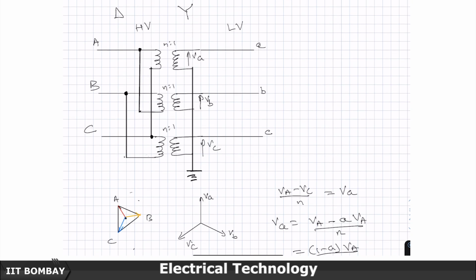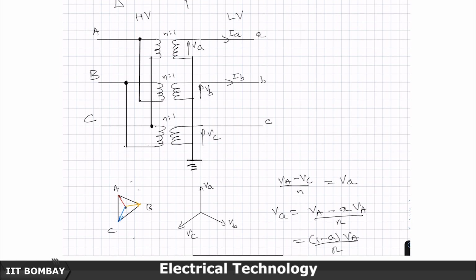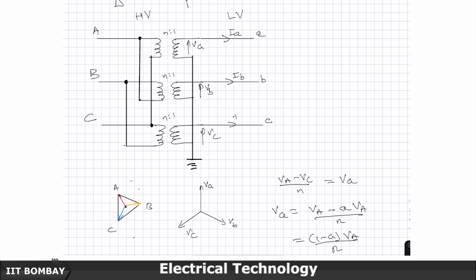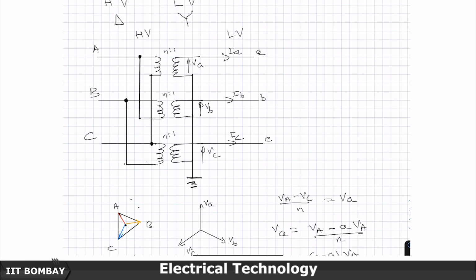Similarly, now let us just quickly do this for the currents, and so I have IA here, I have IB here, I have IC here, and now N times, N times.